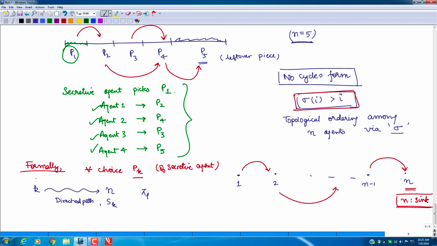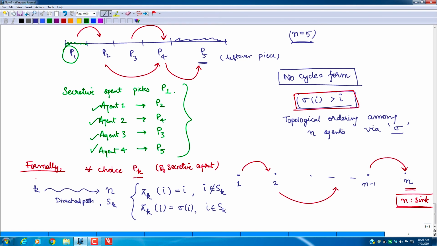Your allocation pi k would be: for all agents who are not on the path sk, set it to be I, and for the ones who are on the path sk, you basically shift them over to sigma I. This would be my bijection pi k for every choice pk.